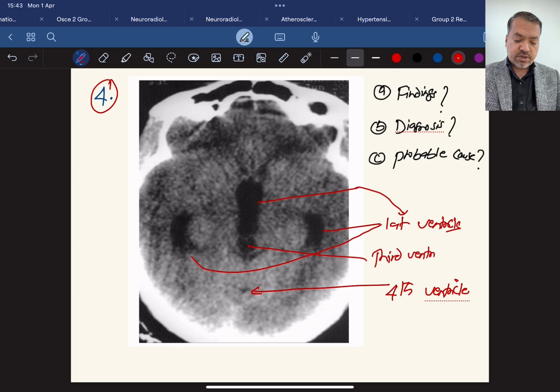You can clearly see the third ventricle is dilated, the lateral ventricles are dilated, and only the fourth ventricle is collapsed, so it's very small. So this is a clear-cut case of obstructive hydrocephalus.